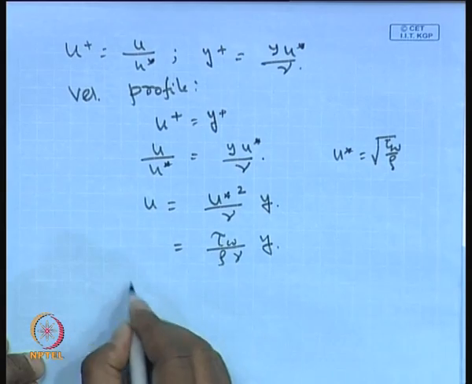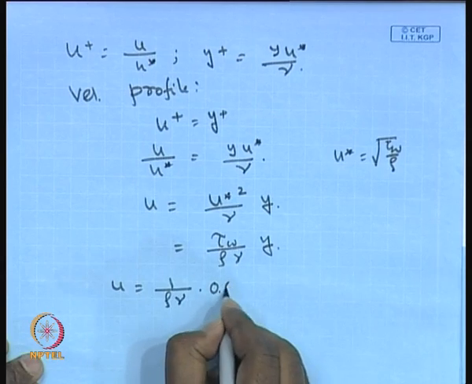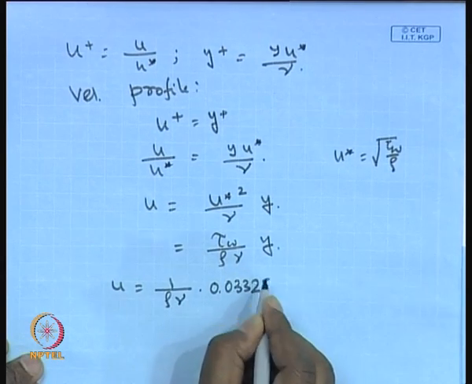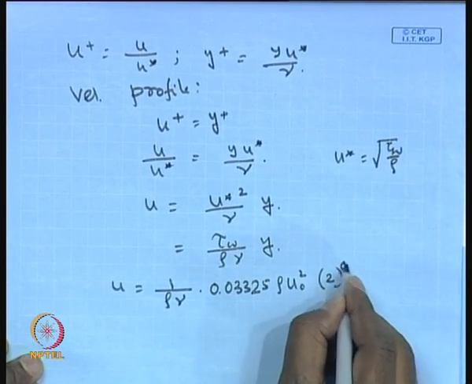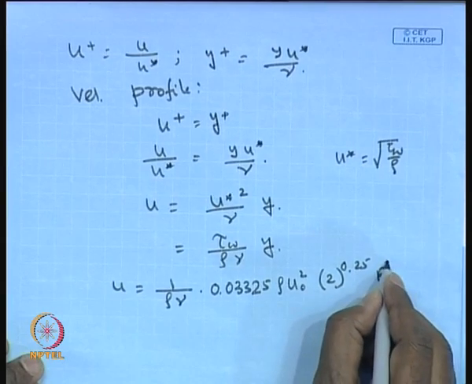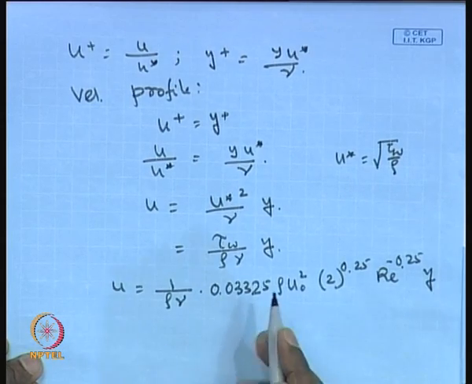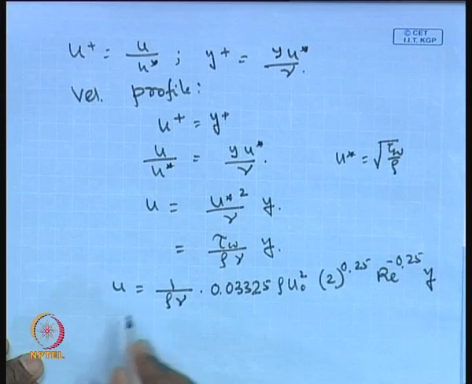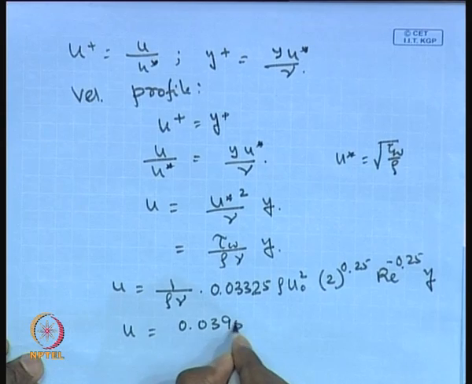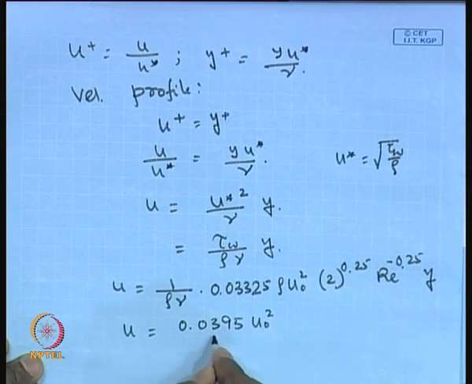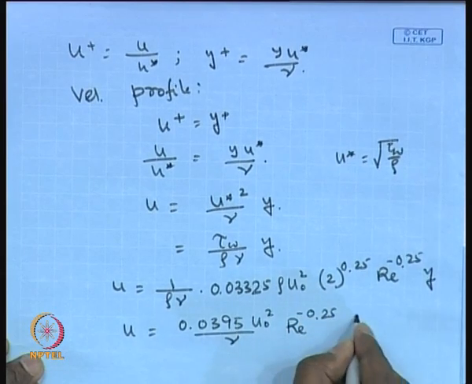And now you put the expression of tau w that we have written earlier. So, this becomes 1 by rho nu times 0.03325 rho u naught square, 2 to the power 0.25, Reynolds to the power minus 0.25 times y. You just put the earlier expression, and what you will get is that u is equal to 0.0395 u naught square divided by nu, Reynolds raised to the power minus 0.25 times y.